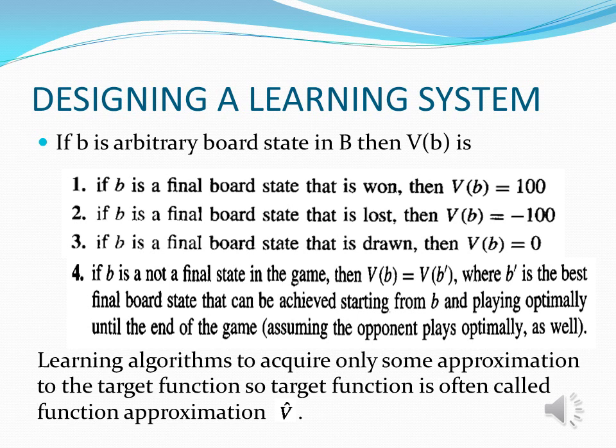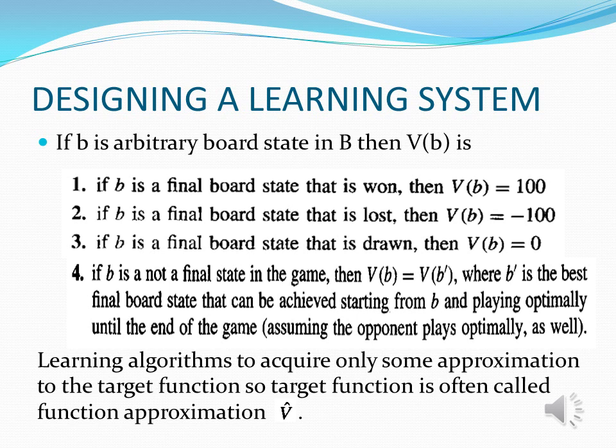If B is an arbitrary board state, then V of B depends on B. If B is a final board state that is won, then V of B equals 100. If B is a final board state that is lost, then V of B equals minus 100. If B is a final board state that is drawn, then V of B equals 0.